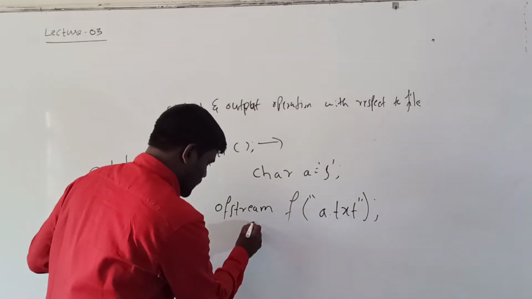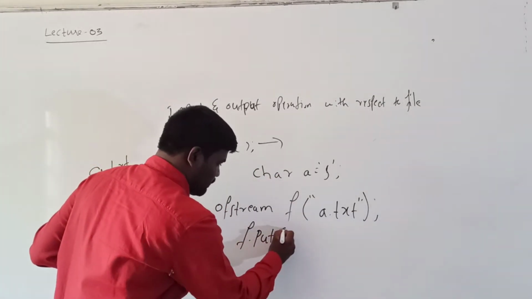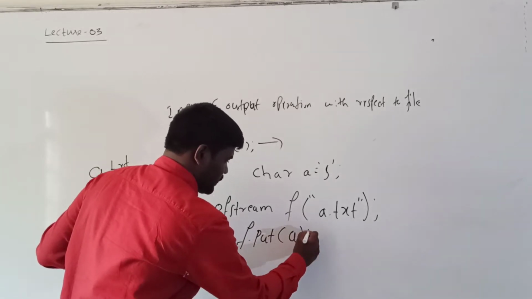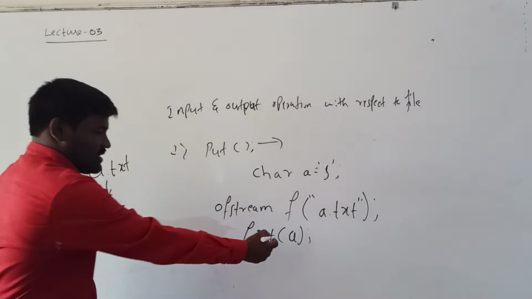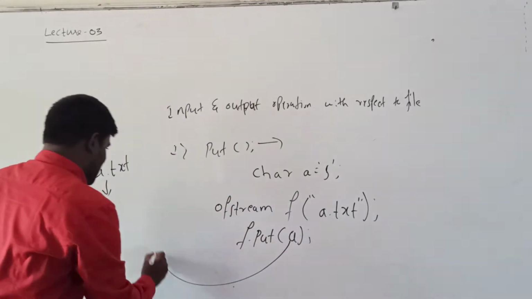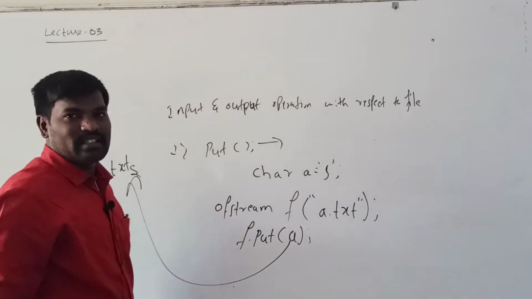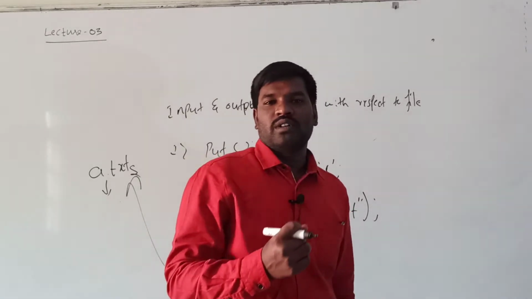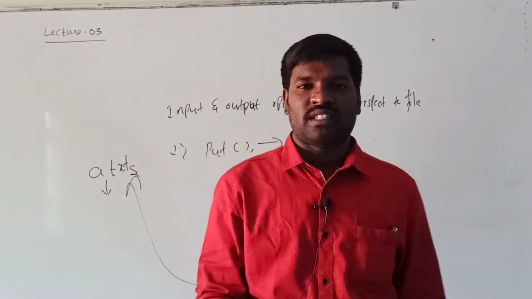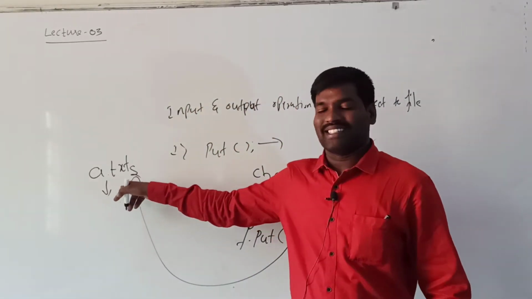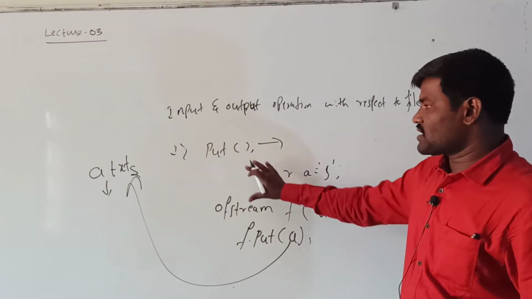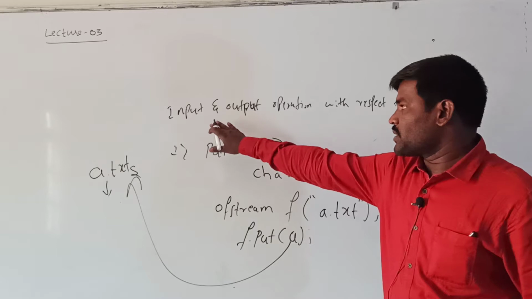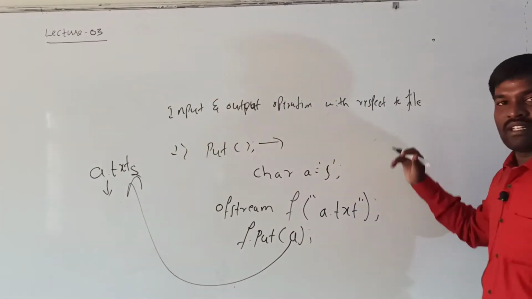See here, f dot put of a. Here the value of a is 's', so this 's' is stored in a.txt. If you want to view the output, you can open a.txt and this file consists of the character 's'. So this is the put function with respect to the file.